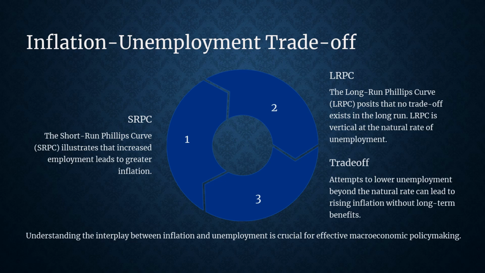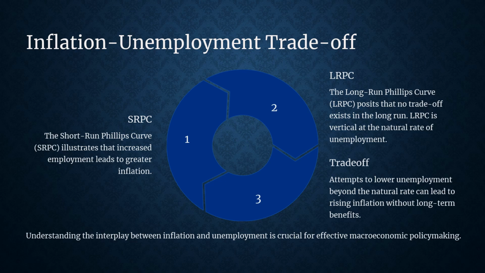Attempts to lower unemployment beyond the natural rate can lead to rising inflation without long-term benefits. So understanding the interplay between inflation and unemployment is crucial for effective macroeconomic policy making. We have to understand that pretty much.